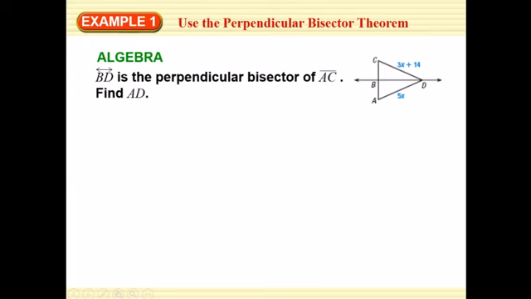Line BD is the perpendicular bisector of AC. That's fantastic. Since that is the information that I am given, I want to go ahead and draw in its perpendicular and its bisector. I've got to have that. So find AD. Now I'm going to go through a couple of additional steps, if you forgot about the theorem saying that you can set DC equal to DA.